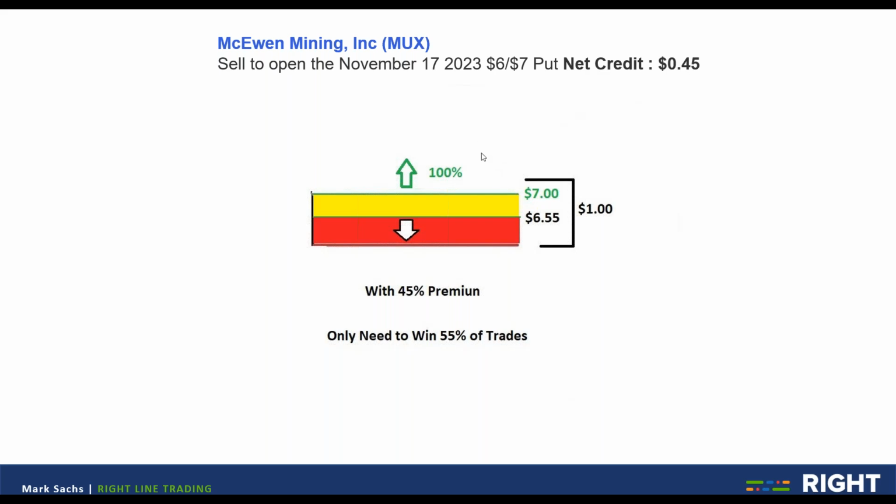So we don't have to trade above some number that is attributed to the cost of the trade when we took it. Now, with a 45-cent or $45 premium, McEwen Mining can trade all the way down to $6.55, and we're still going to make some amount of money.